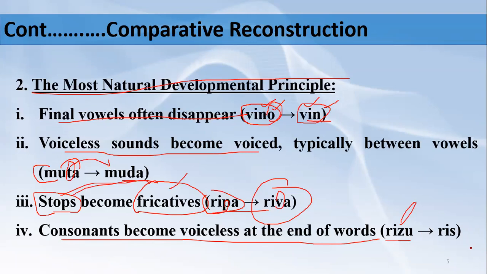On the other hand, if you make such an attempt to analyze the other sound, you will feel no vibration, fine. So one sound is voiceless and the other is voiced. So what happens, voiced sounds usually become voiceless, fine. So these are the four rules inside the most natural developmental process principle.